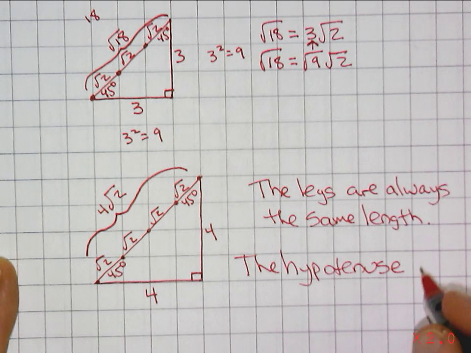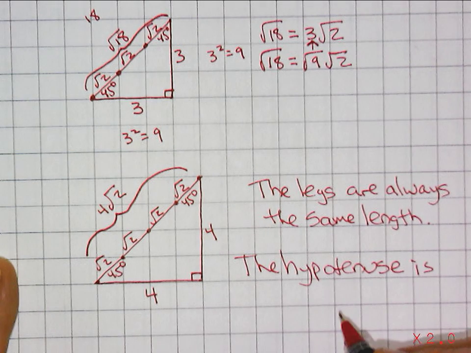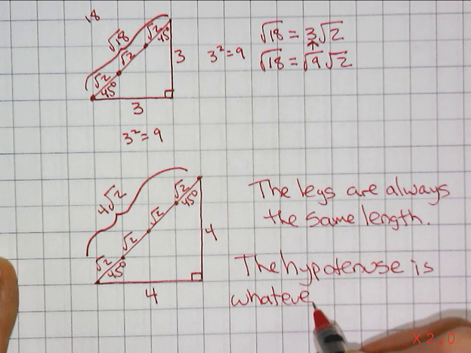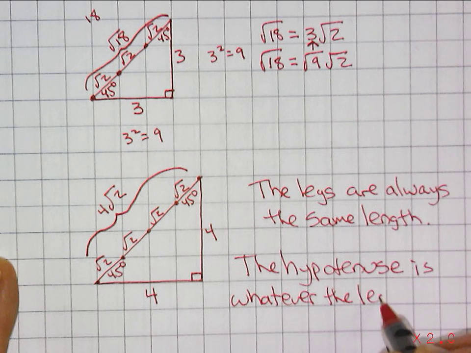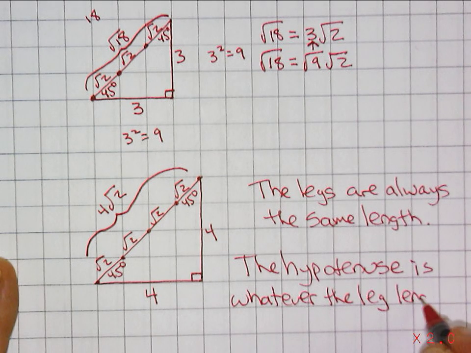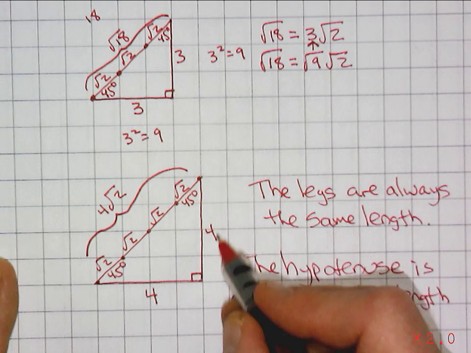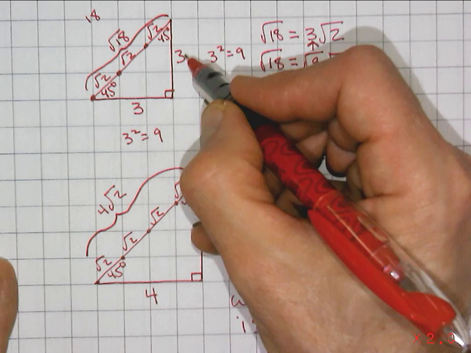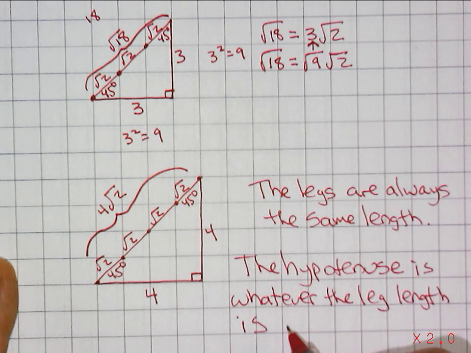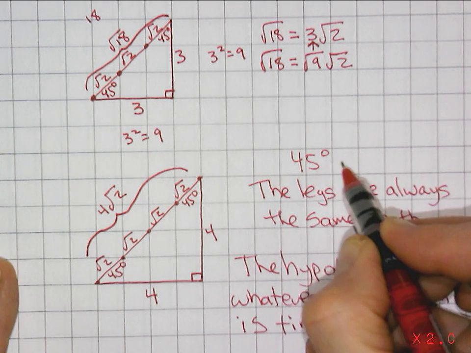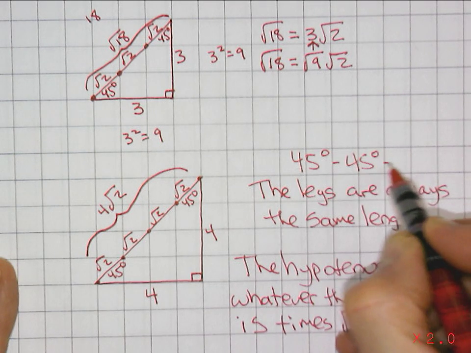The hypotenuse is whatever the leg length is, like 4 or 3, depending upon the triangle, times the square root of 2. And so that's always true for any 45, 45, 90 triangle.